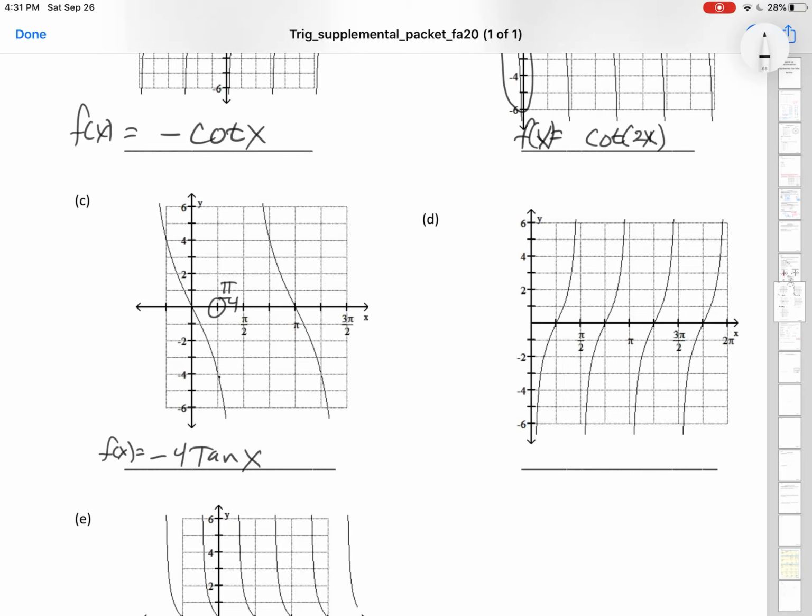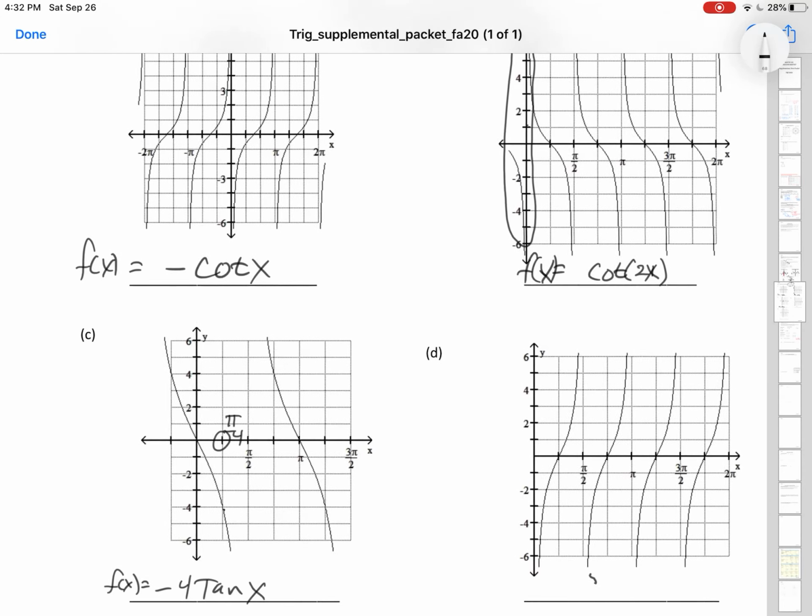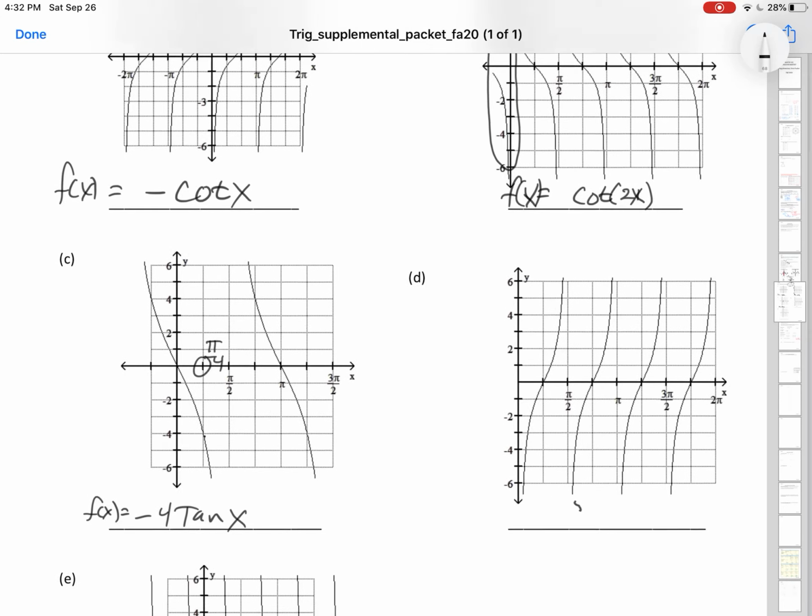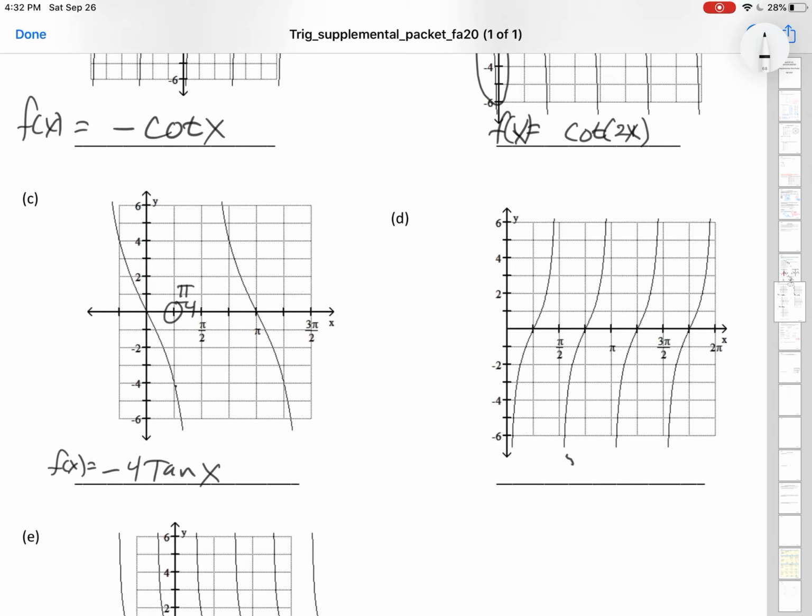And then what's this one? Oh, it's a cotangent. Again, potentially. Let's see. It looks like it's got an asymptote at 0. And it's got a period of pi over 2. It's not much different than this guy right above it, with the exception, well, so it's cotangent, maybe. It'd be negative if it was a cotangent because it's going up.